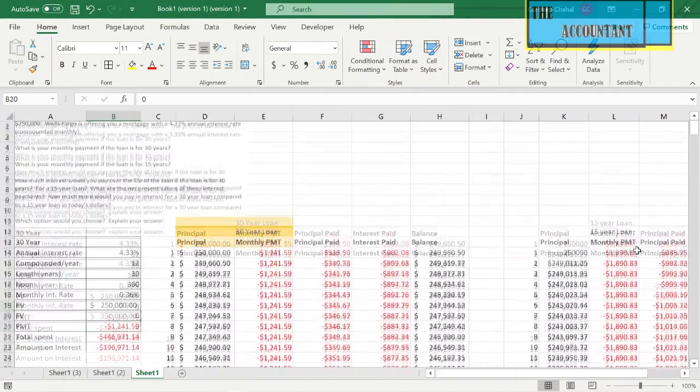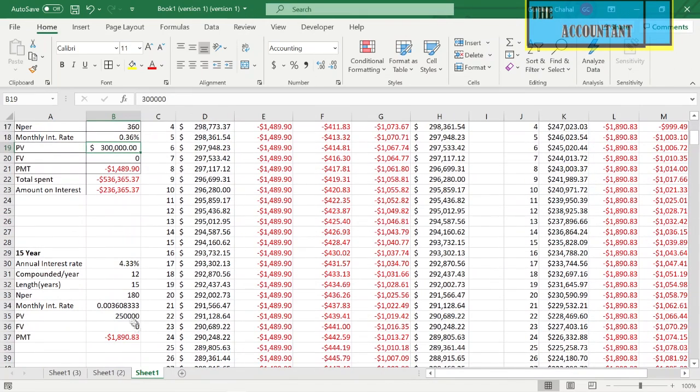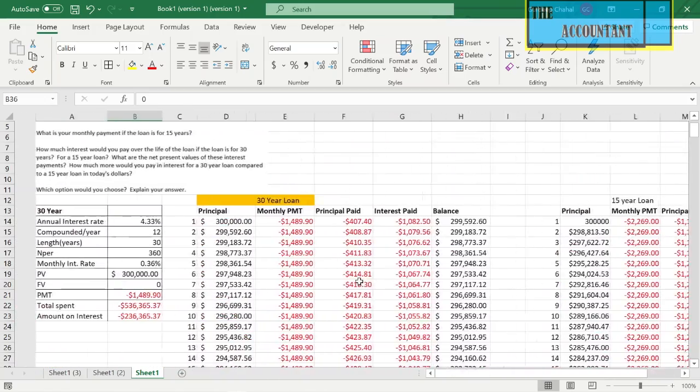Now, the good thing about linking these cells is, say we want to change this to a $300,000 loan. All we have to do is change this cell right here, and it will change everything else because they have all been linked to this cell. And we could do a similar thing for this 15-year one. So change it to 300, and it'll tell us the payments required, and the amortization table will change to reflect those changes.